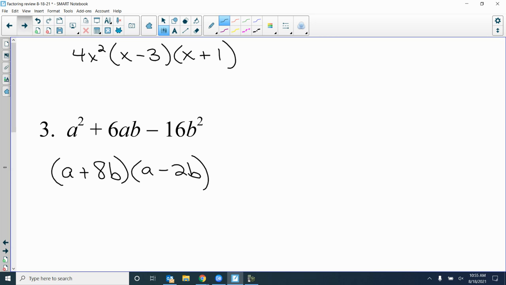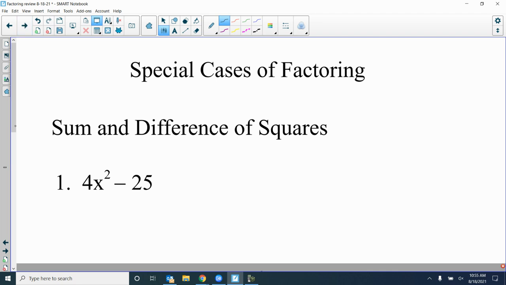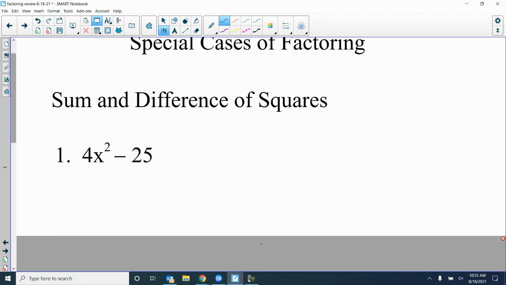All right. One last little thing here. Special cases: sum and difference of squares. When you recognize these, you're going to say, oh yeah, I remember these. These aren't bad at all. But if you still have a few cobwebs, we'll shake them around a little bit.